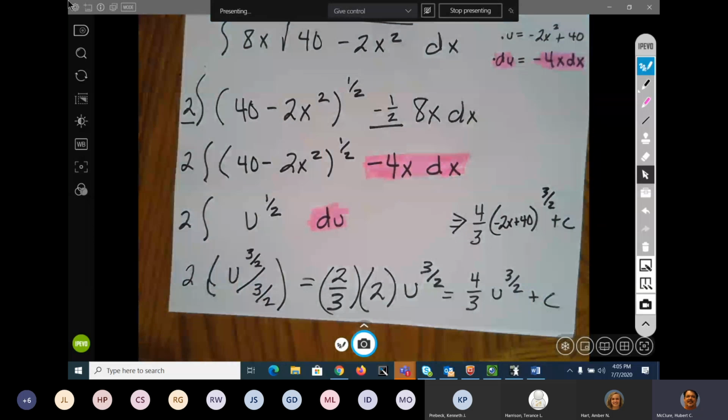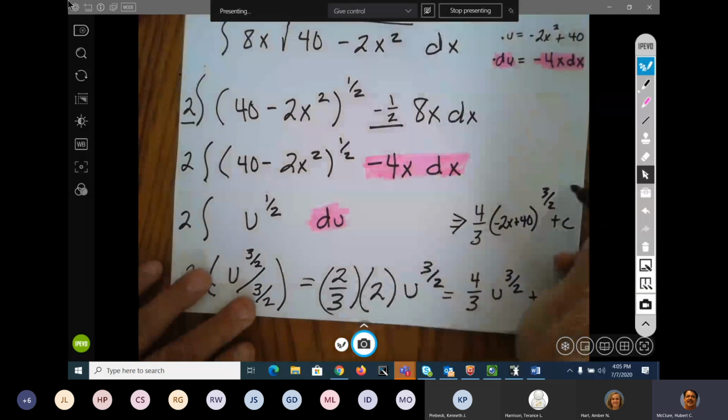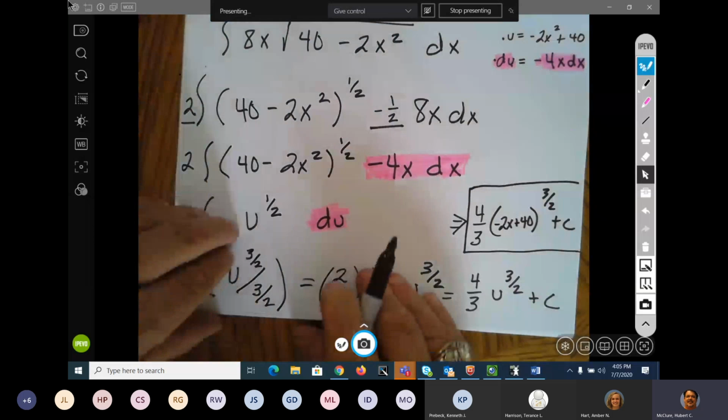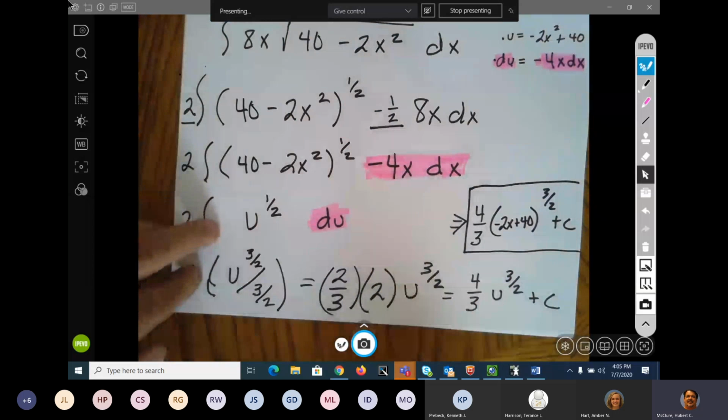And we could easily do the chain rule and take the derivative of this. Let's do that. I'm going to leave it on there for about 30 seconds.